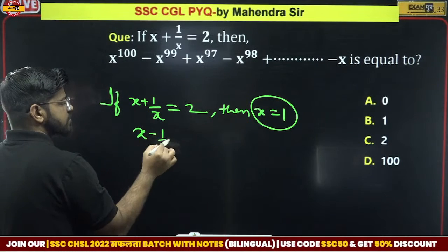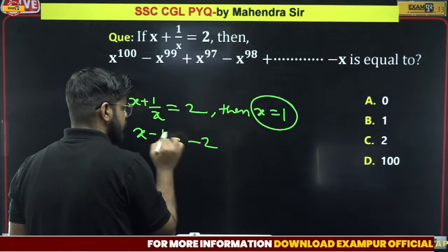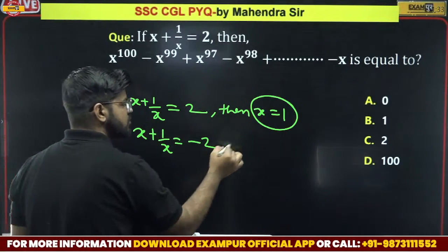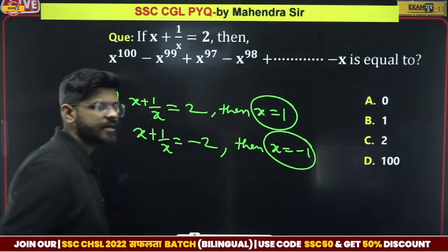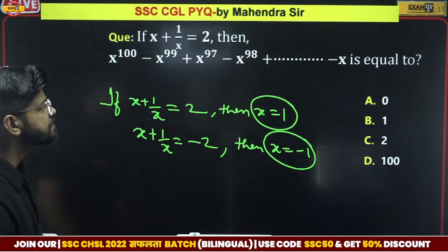If x plus 1 upon x is equal to minus 2, then x is equal to minus 1. Always remember that.